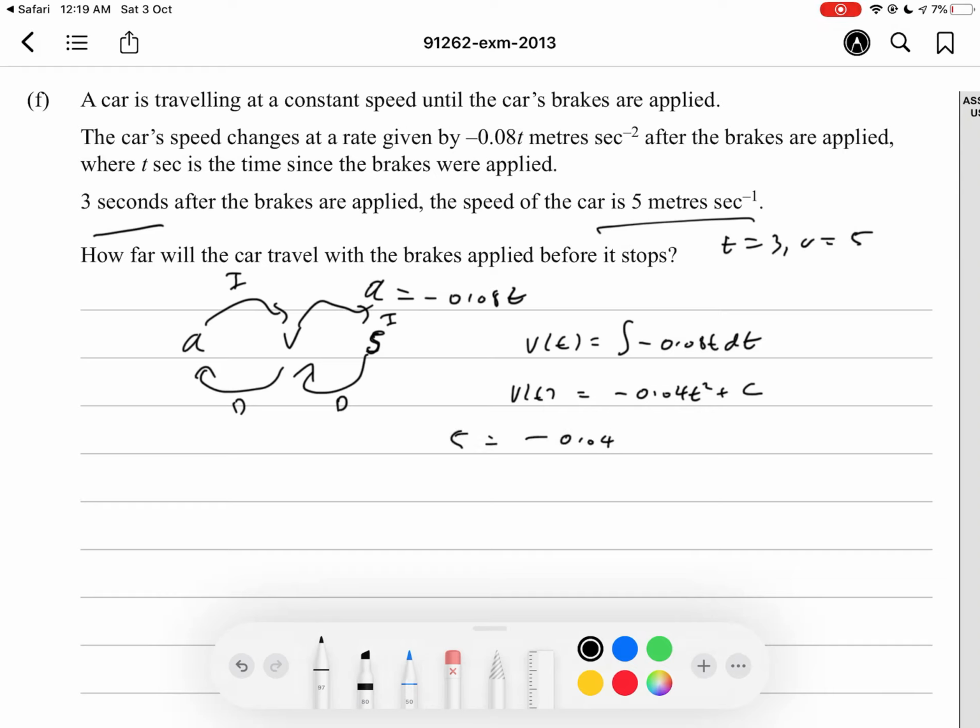So 5 equals negative 0.04 times 3 squared plus c. So therefore, we should find that our c value is equal to 5.36. So therefore, v of t equals negative 0.04t squared plus 5.36.